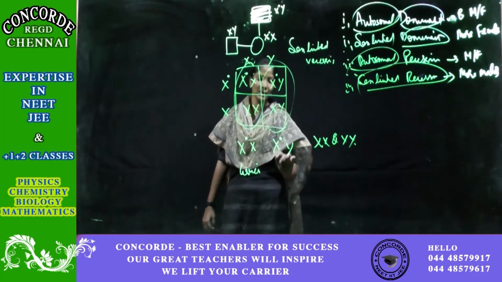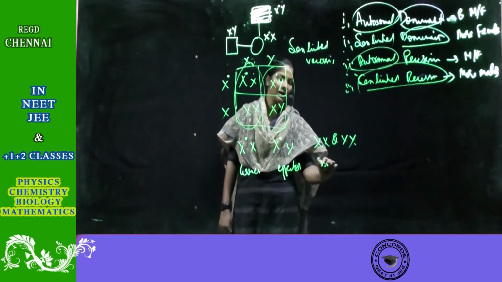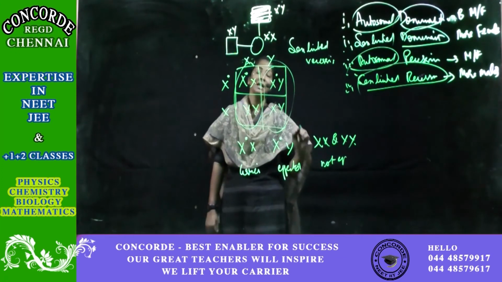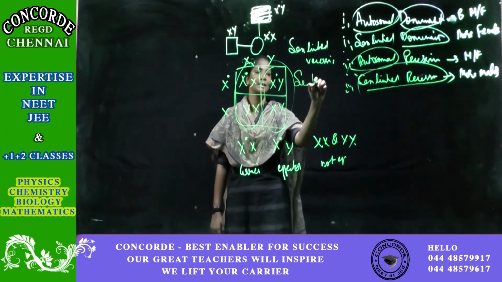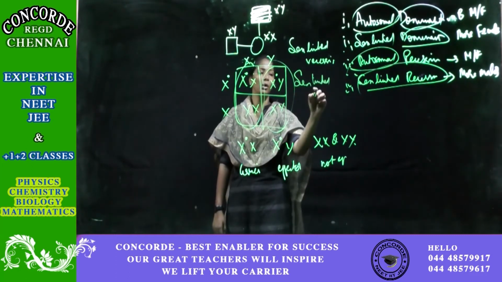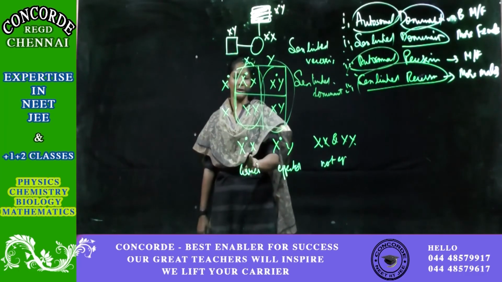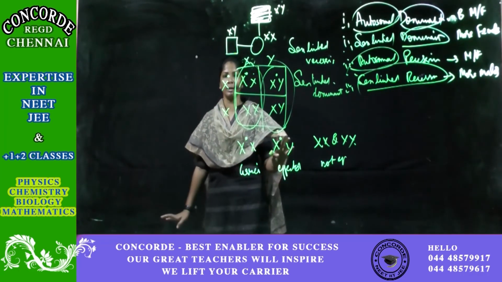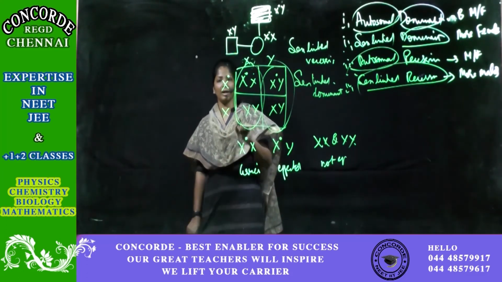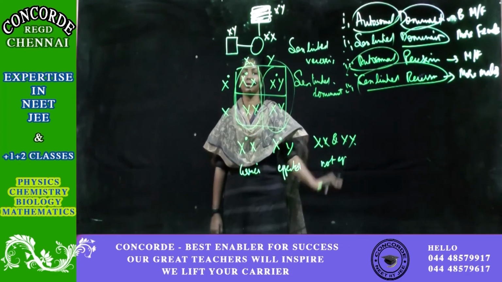This male is affected and these two are not affected. If the disease is sex-linked dominant, then this female is affected, this male is also affected, whereas these two are not affected. Simple. Dominant, if you find one copy, it means they're affected. So she is affected, he is affected, and these two are not affected.